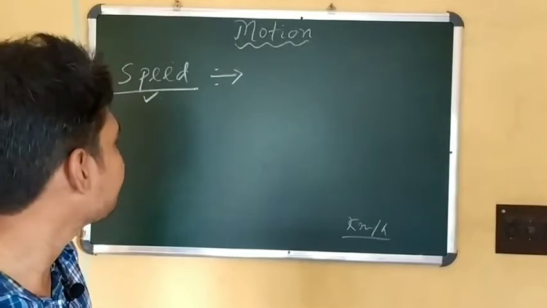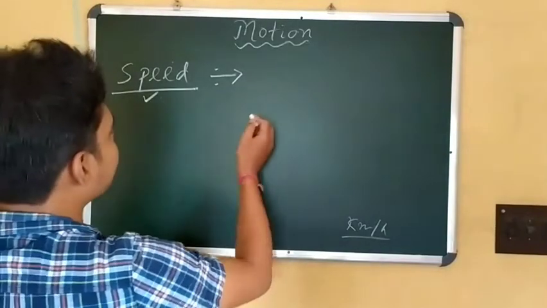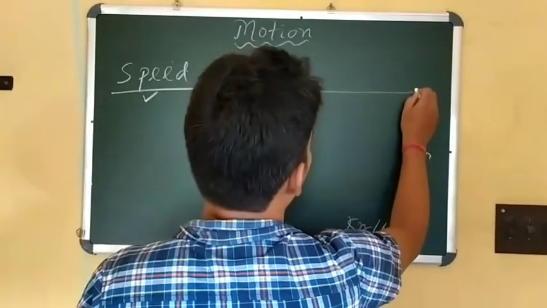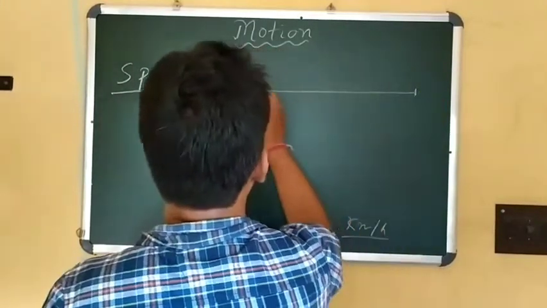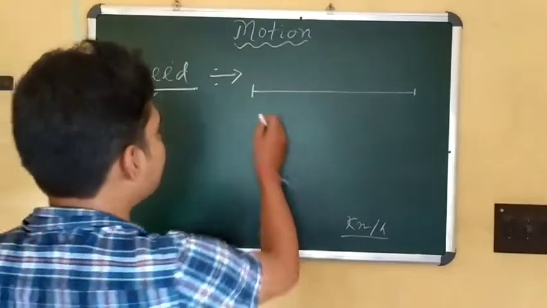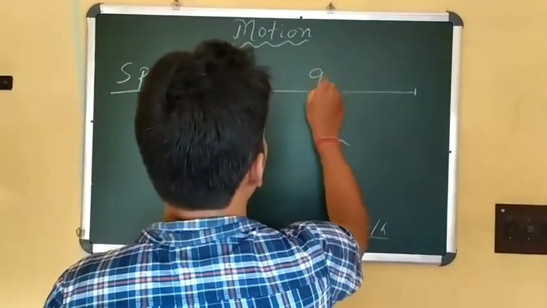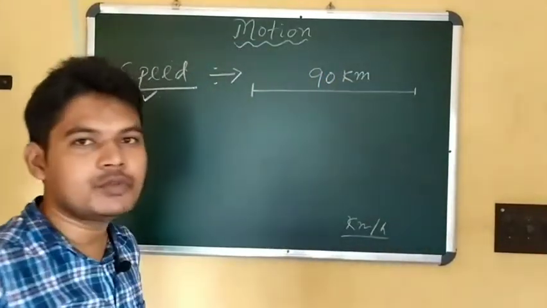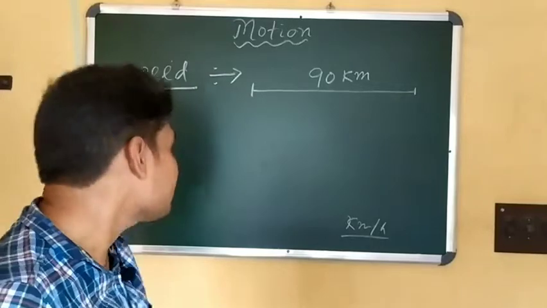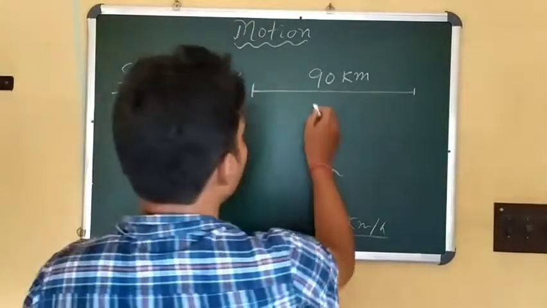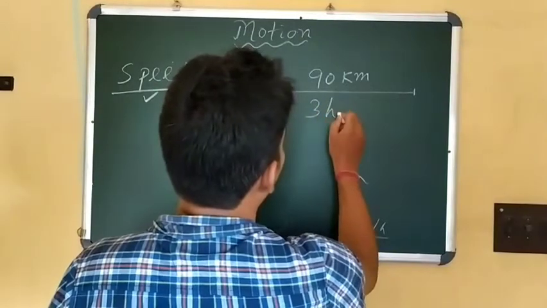What is the speed? Suppose you take one path. The total distance of this path is 90 kilometers. Now you travel this path by a car and you take 3 hours.